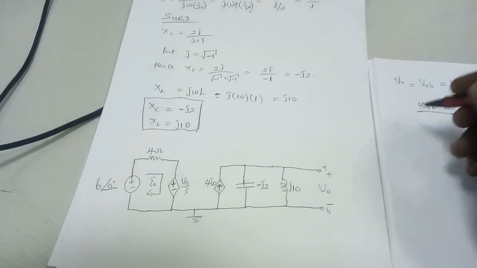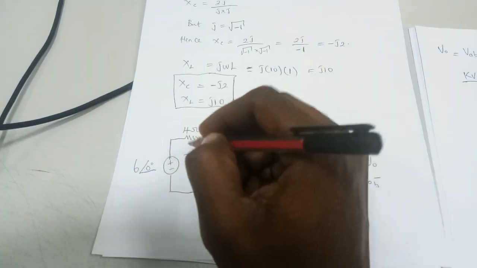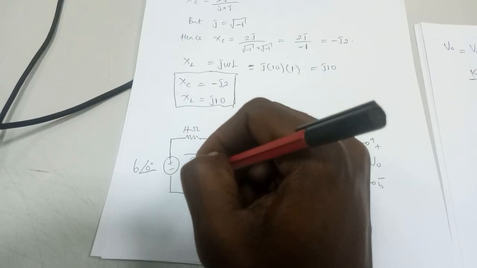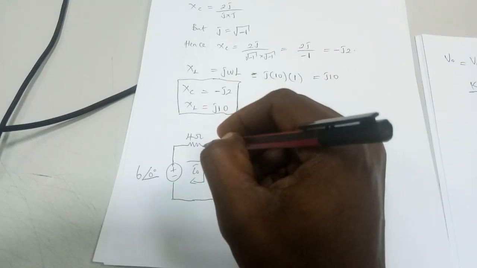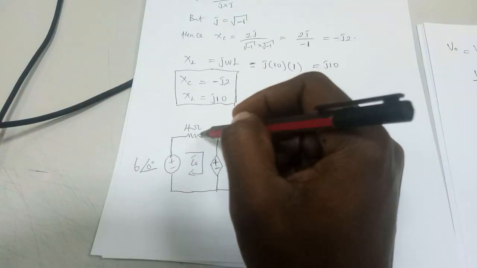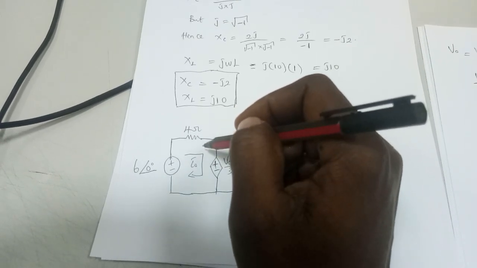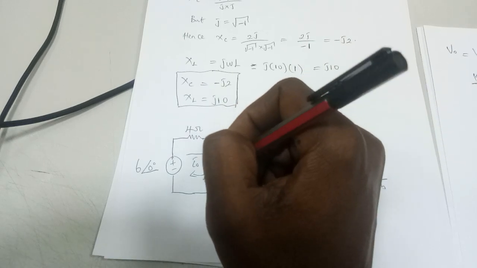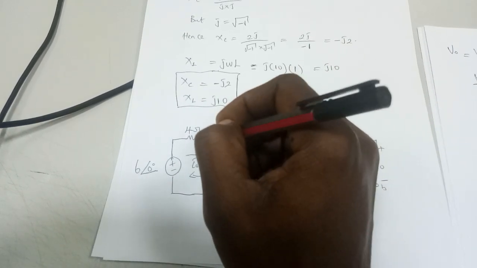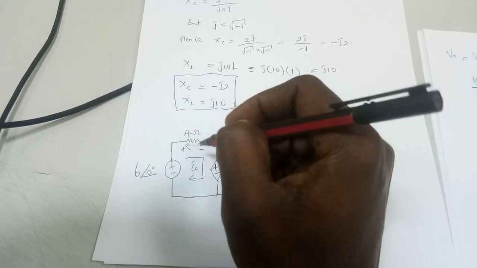KVL at mesh 0. When you look at this, the current is flowing like this. When you watch my previous video, I meticulously explain how to identify the direction of voltage in each passive circuit component with respect to the current. So this current is flowing in this direction towards the right, so the voltage is acting in the opposite direction. The head is positive, the tail is negative.